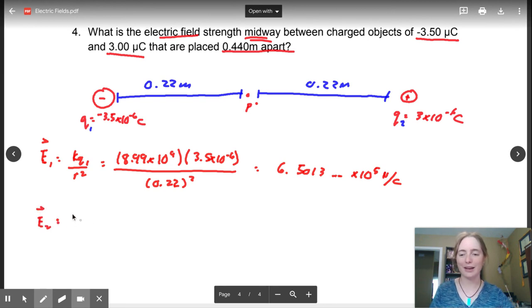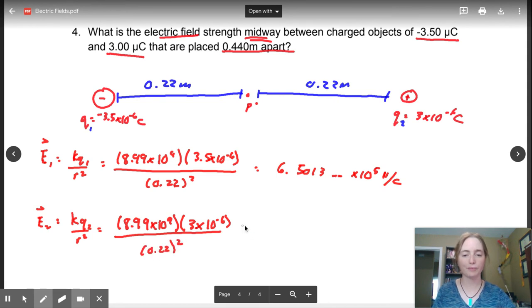So then we have our kQ2 over r squared. Plonk your numbers in. k's off your data sheet. This one is going to be 3 times 10 to the power of negative 6. Divide that by your 0.22 squared.